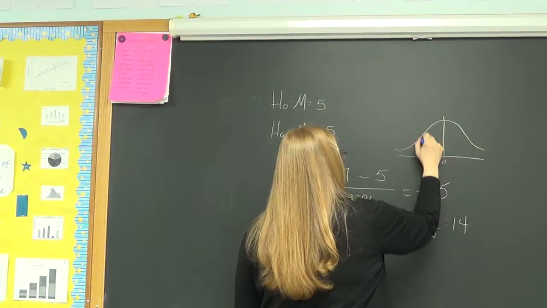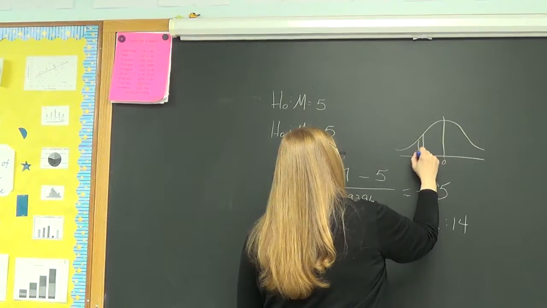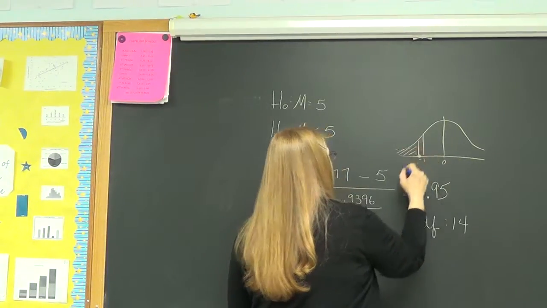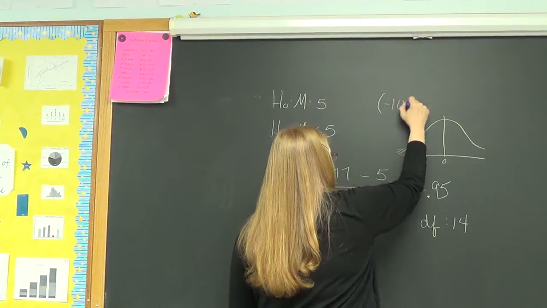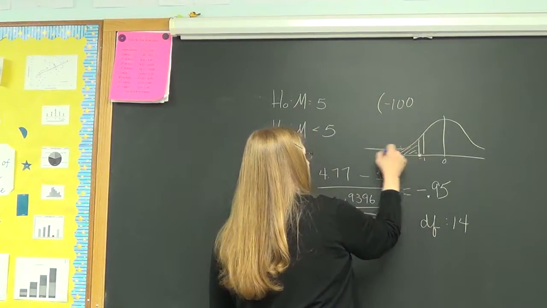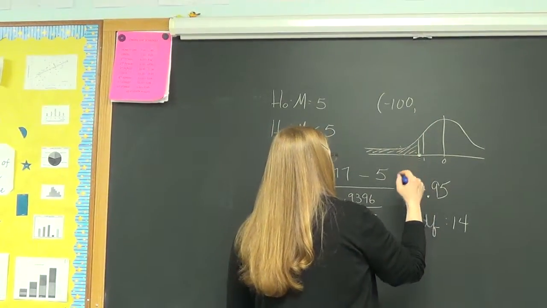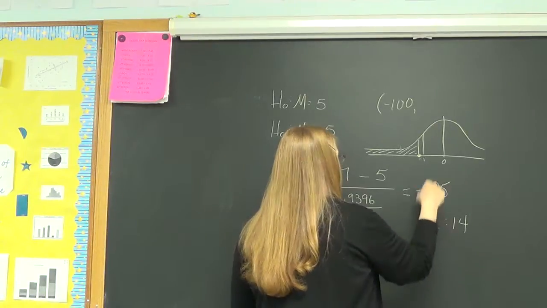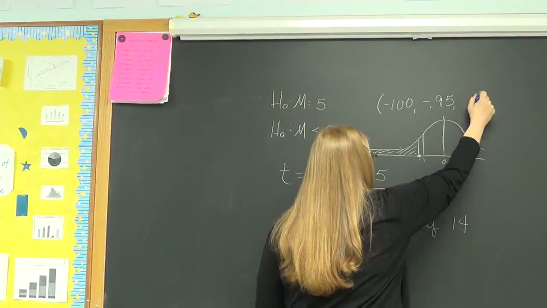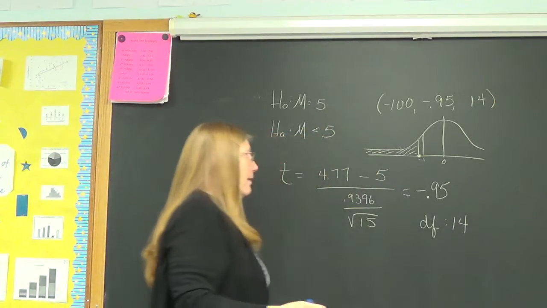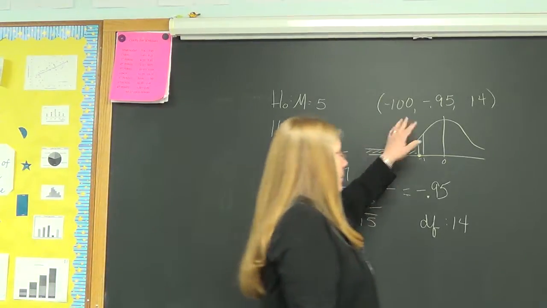So 0, here's negative 1, we're at negative 0.95, about right there. We have to tell the calculator the lowest value first, so that's going to be like minus 100, since this goes on forever. We'll stop at minus 100 if it'll take a number that large. Then we go up to the highest value, and then the degrees of freedom are 14. So if you're using your calculator, 2nd VARS, tcdf, and these are the numbers you have to give it.